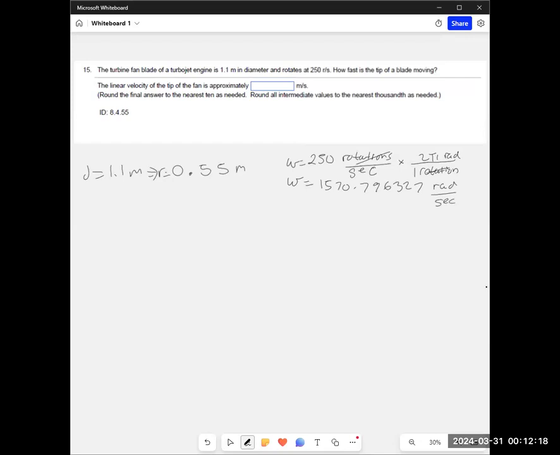They tell us to round intermediate values to the nearest thousandth. So omega is 1570.796 radians per second.